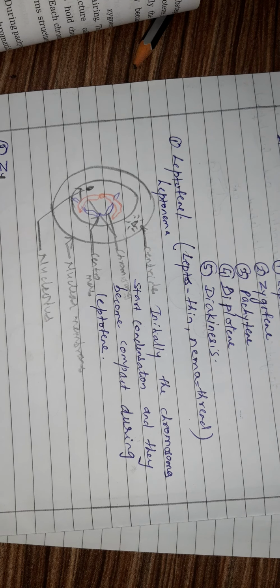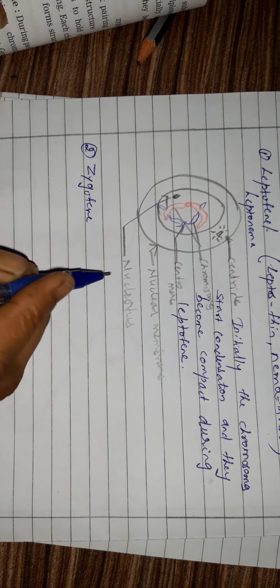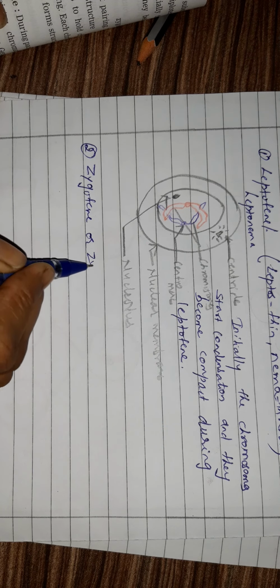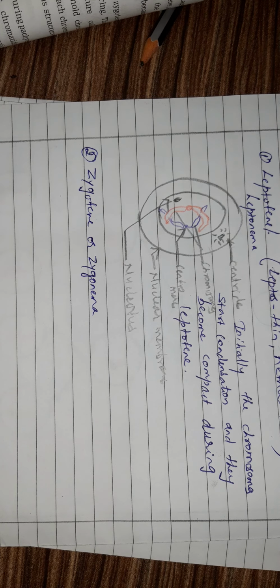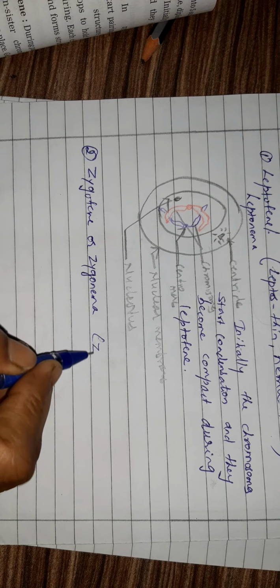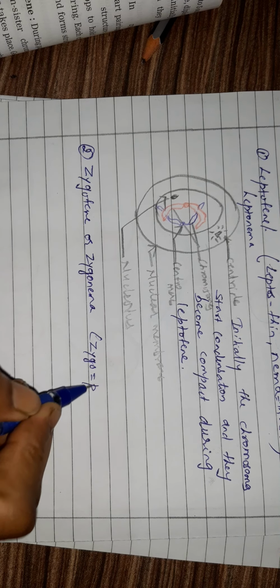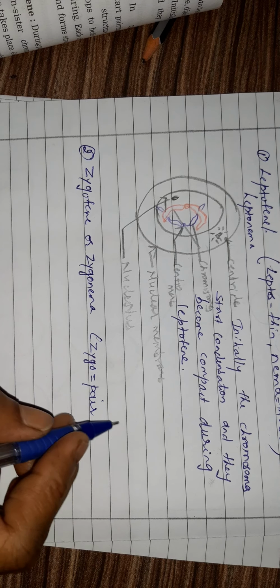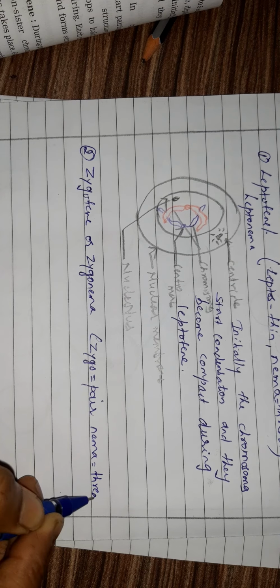Then second phase is zygotene, or zygonema. Now what is the meaning of zygo? Zygo means pair, and nema means thread.